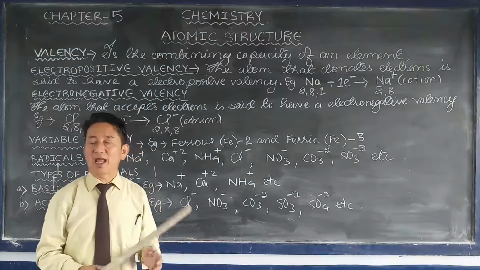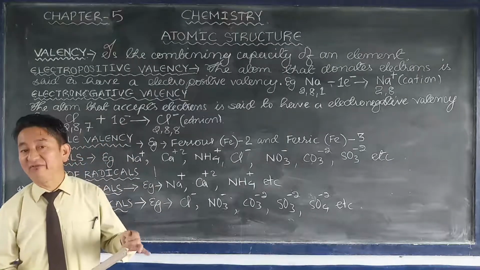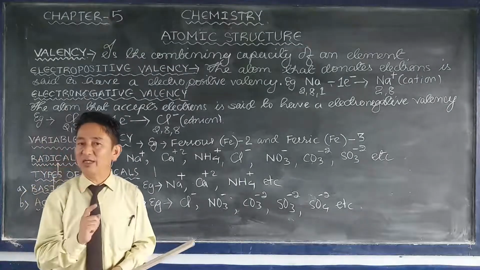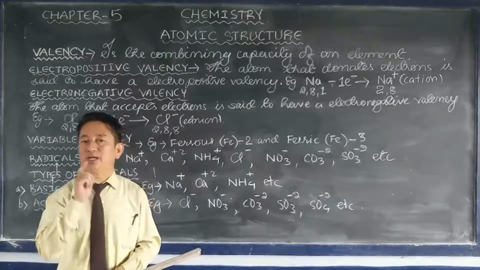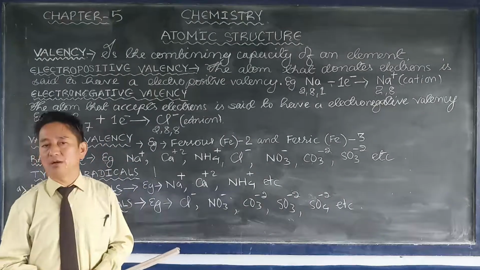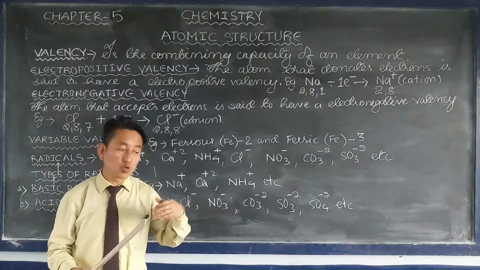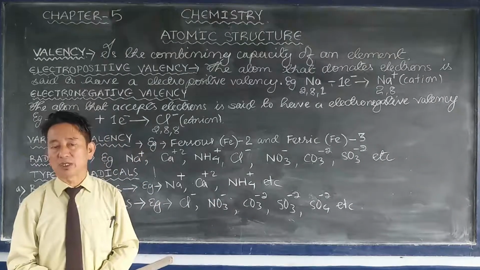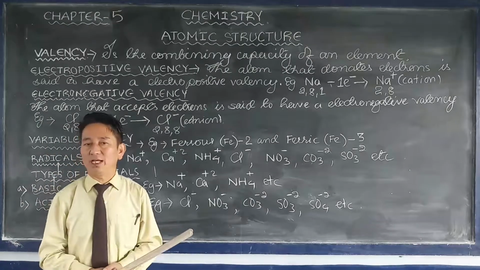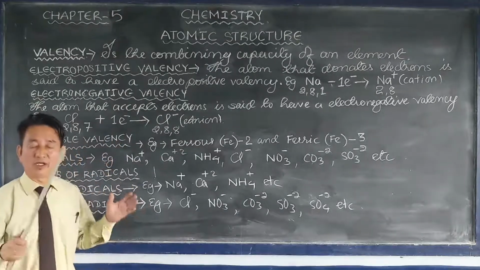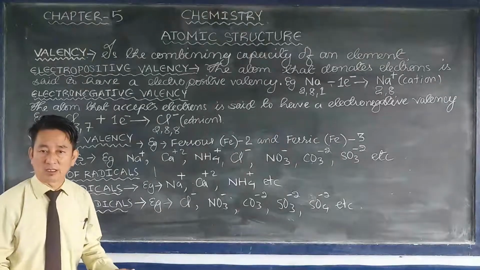Metallic atoms have 1, 2, or 3 valence electrons. Valence electrons means electrons present in the outermost shell of an atom. So metallic atoms have a tendency to donate these valence electrons and acquire the stable electronic configuration of the nearest noble gases.